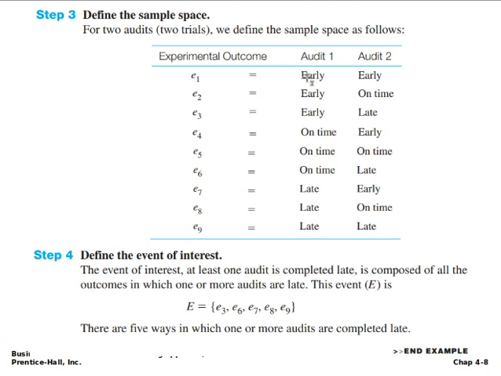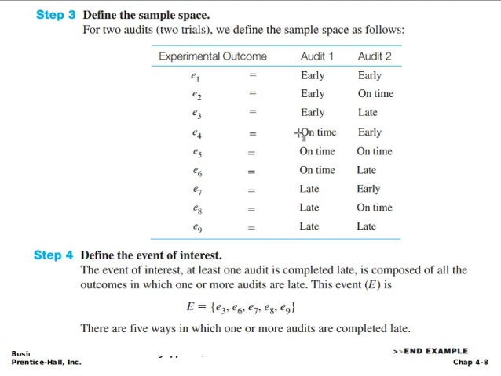We can see these possible combinations. Early audit for 1 and early audit for 2, early audit for 1 and on-time audit for 2, early audit for 1 and late audit for 2.